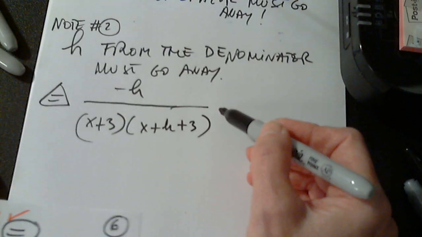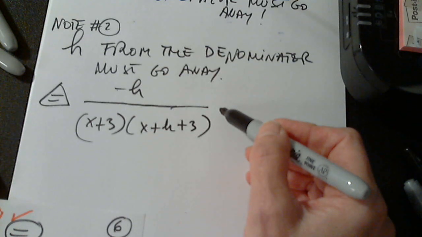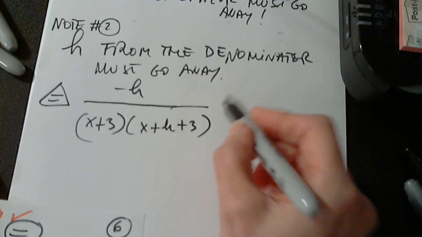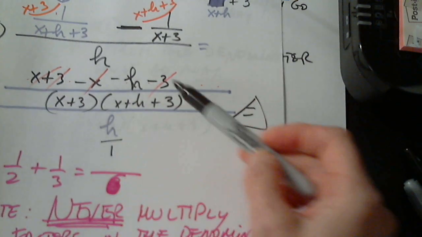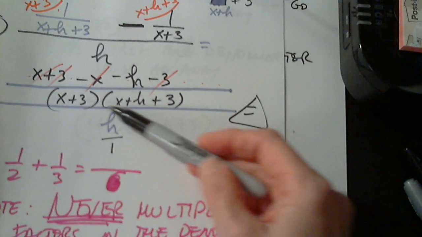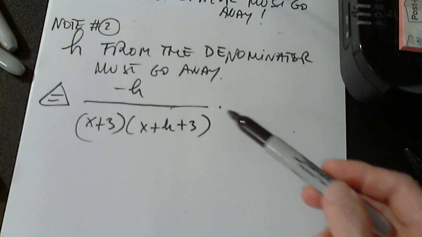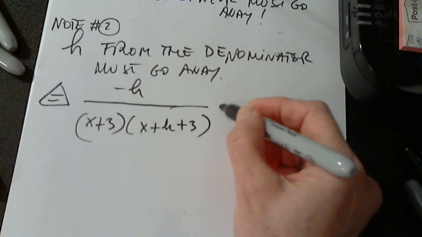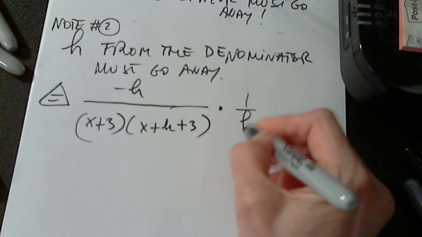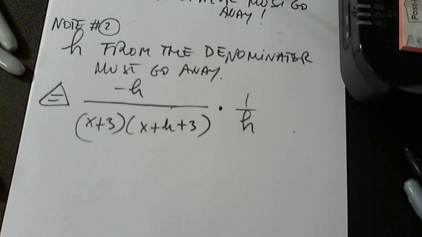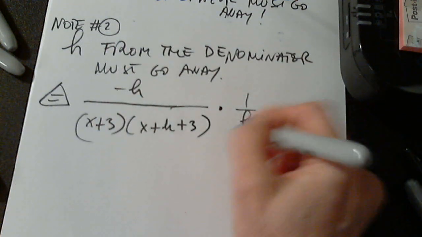So what do I do now? Multiply them together? Or put them both in the denominator? So I have a fraction at the top, and I divide by the fraction in the denominator. I copied the fraction from the top. Now times 1 over h. Thank you. Note number 2 has to happen. And it does.